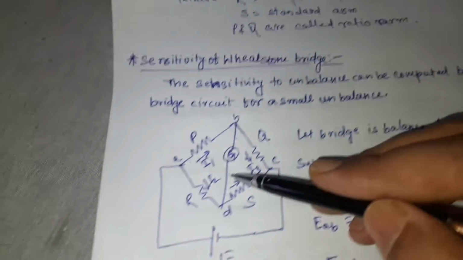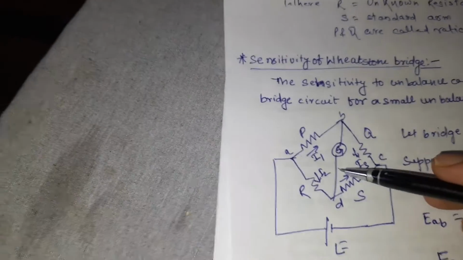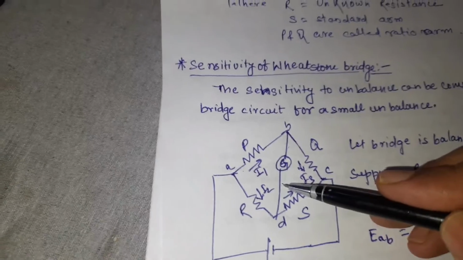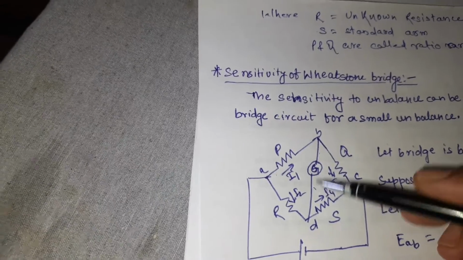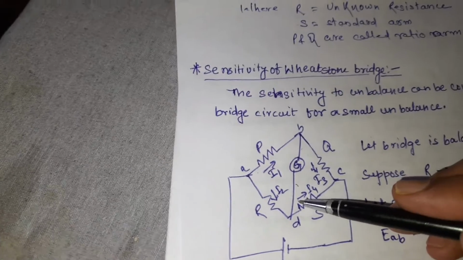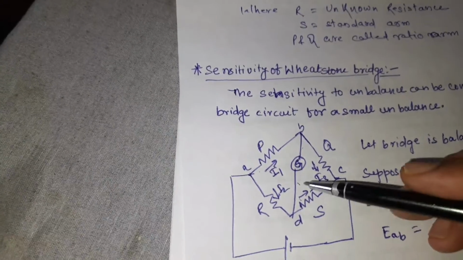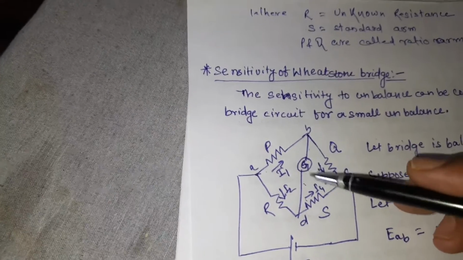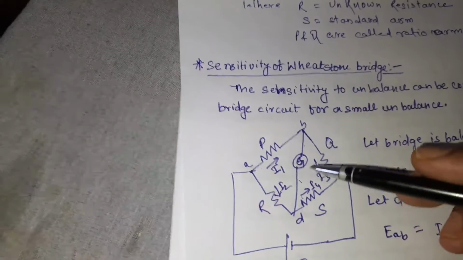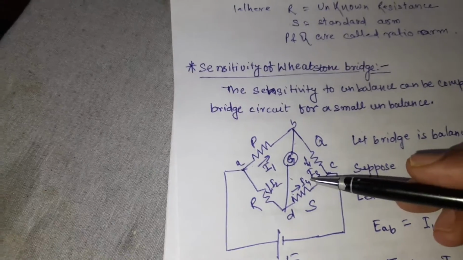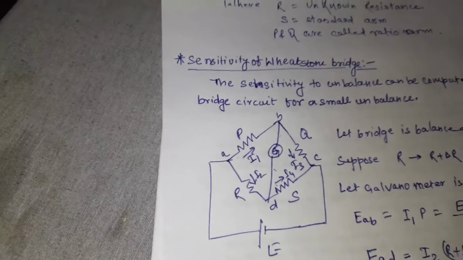So we have to find a minimum deflection through the circuit. If there is a very minimum deflection through the galvanometer, then we say the galvanometer is balanced.